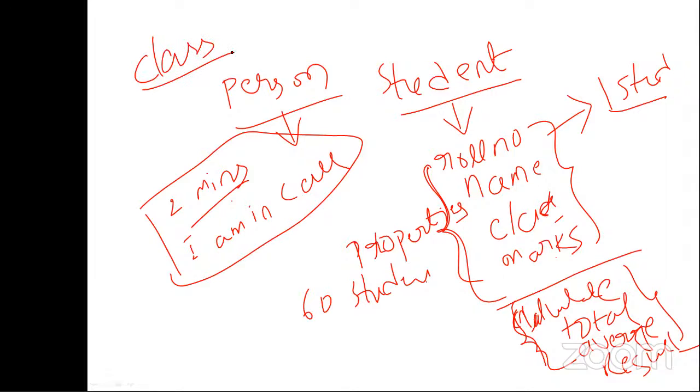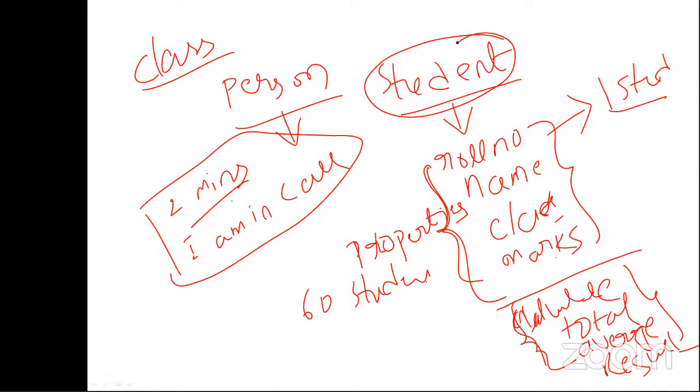I'll mention everything the student has here. But when I create one object for a student, we have to allocate some memory to that particular student.